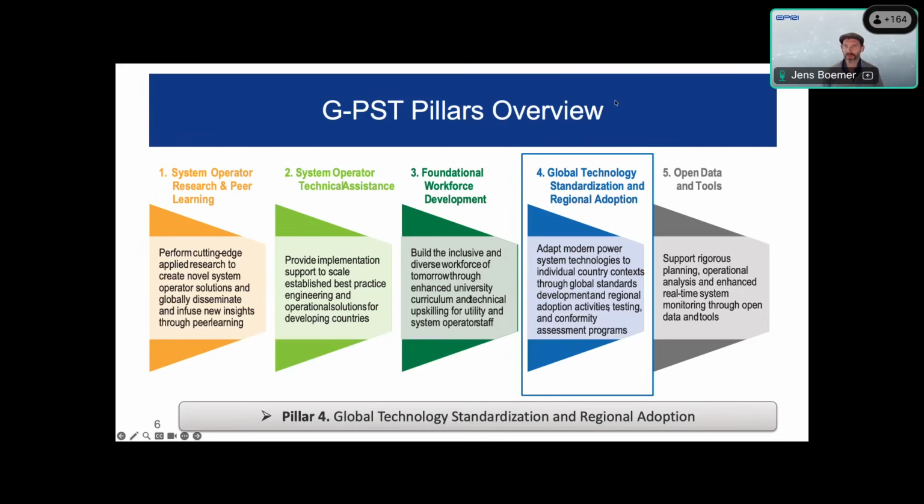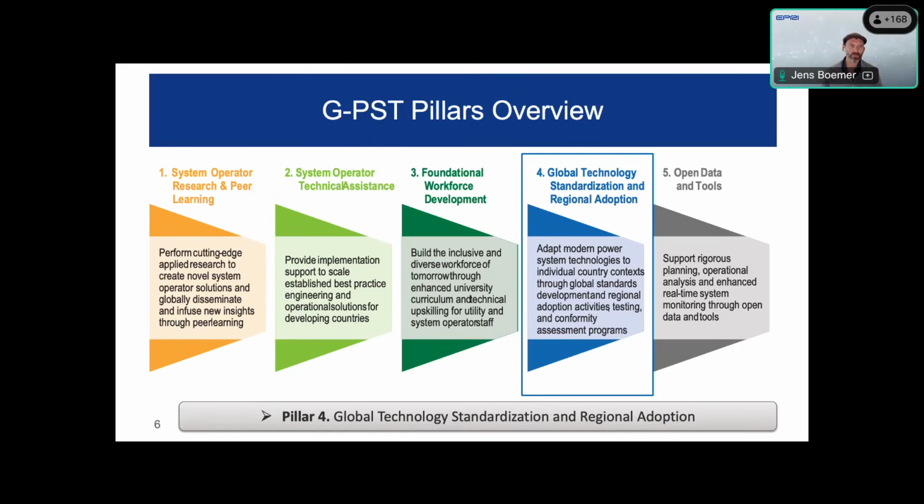The consortium has different work streams or pillars. The ones that are relevant to these industry standard updates relate to Pillar 4, the global technology standardization and regional adoption, which really aims to adapt the modern power system technologies to individual country contexts through global standards development and regional adoption activities, testing and conformity assessment programs.